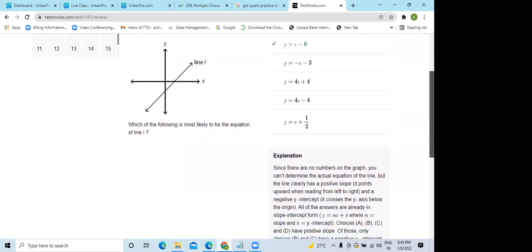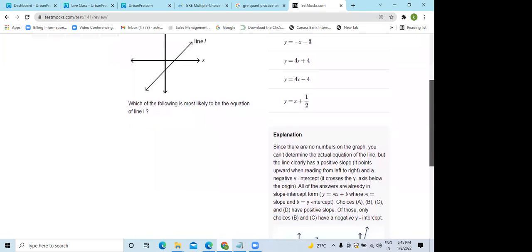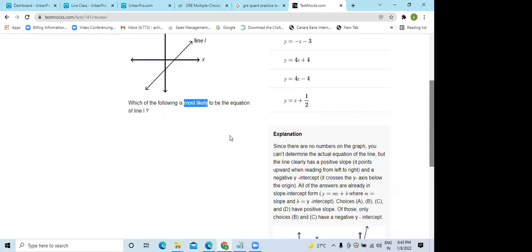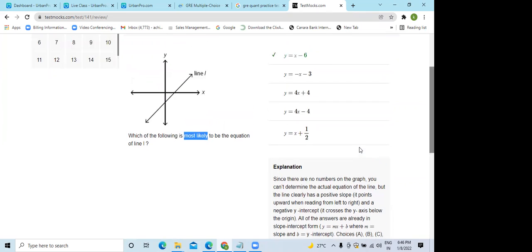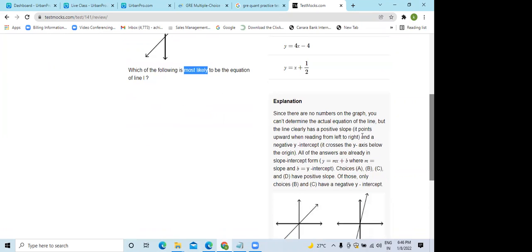How did they end up here, sir? So which of the following is most likely, that's the question, to be the equation of the line? Most likely. Since there are no numbers on the graph, you can't determine the actual equation of the line. Very true.